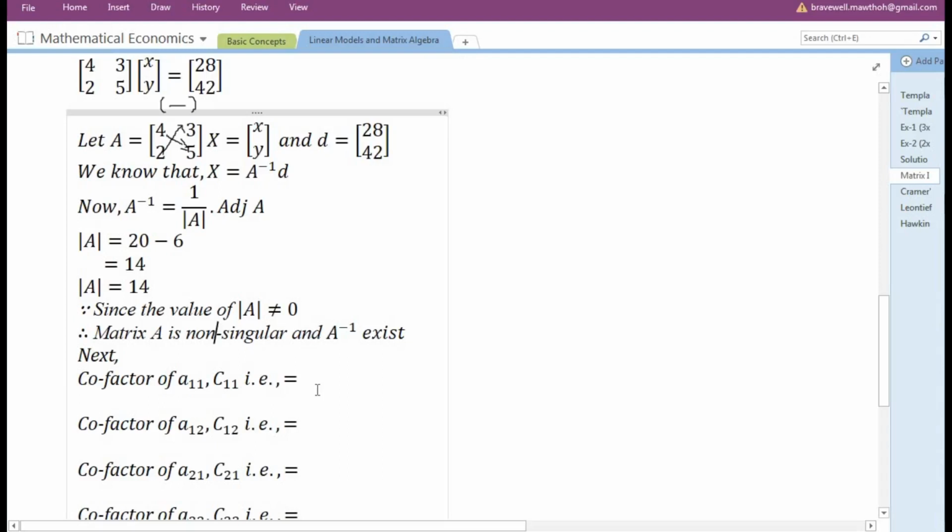The second step is finding the cofactors of all the elements in the given matrix and arranging them in a matrix which is known as the cofactor matrix. What is a cofactor? Cofactor of an element is the minor of that element, taking into consideration its positional sign.